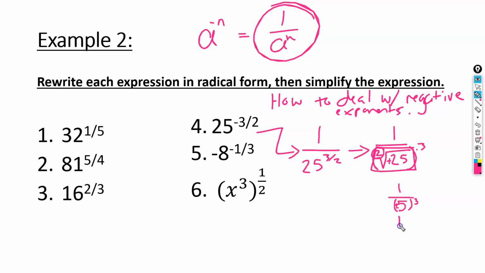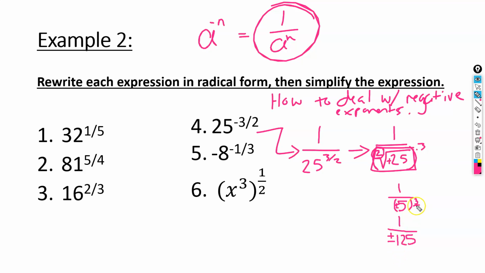Now, if you raise a positive 5 to the third power, you get a positive 125. But if you raise a negative 5 to the third power, you get a negative 125. Okay? Now, let's be careful there. Just so you guys know, if this power out here is ever an even power, it doesn't matter if you have positive or negative here, because evens always make negatives go away.